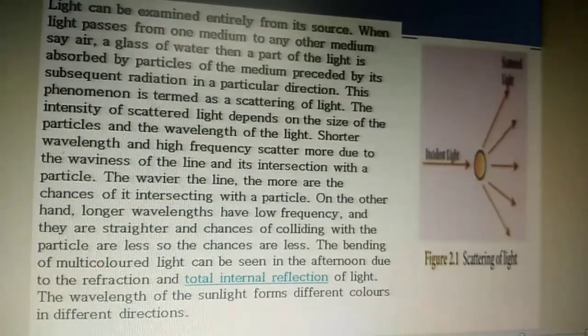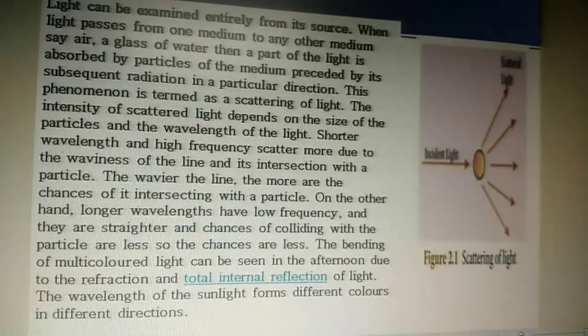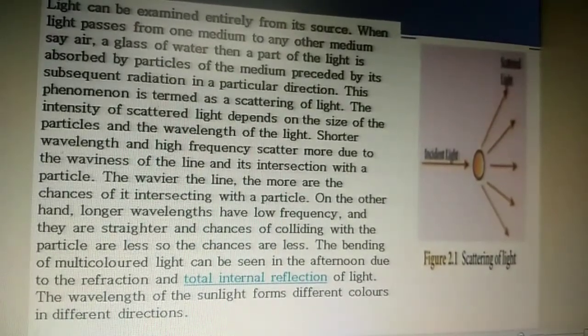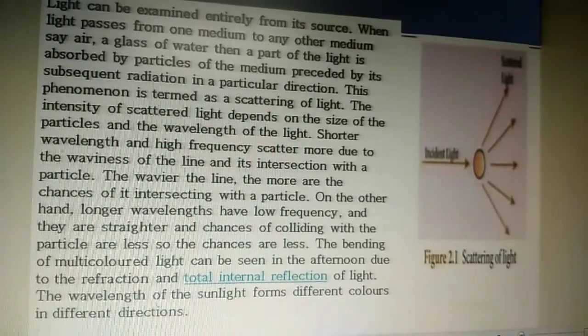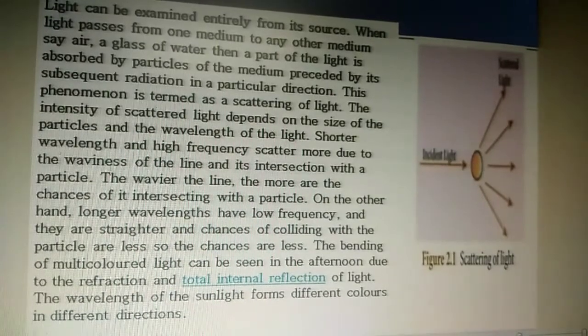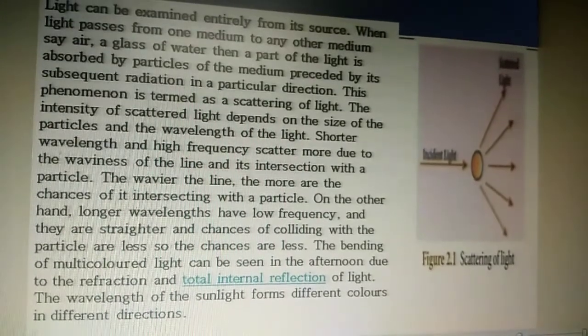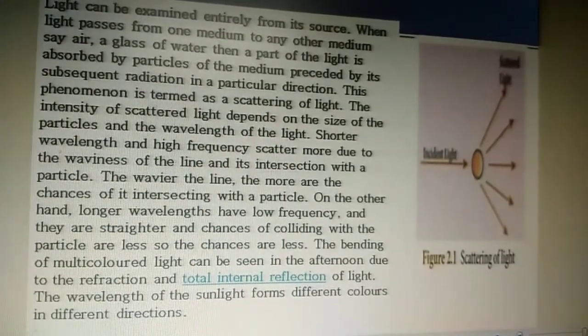On the other hand, the chances of intersecting with the particle are less when it has a longer wavelength. Longer wavelength means low frequency, they are straighter, and chances of colliding with the particles are less because they move with high speed.